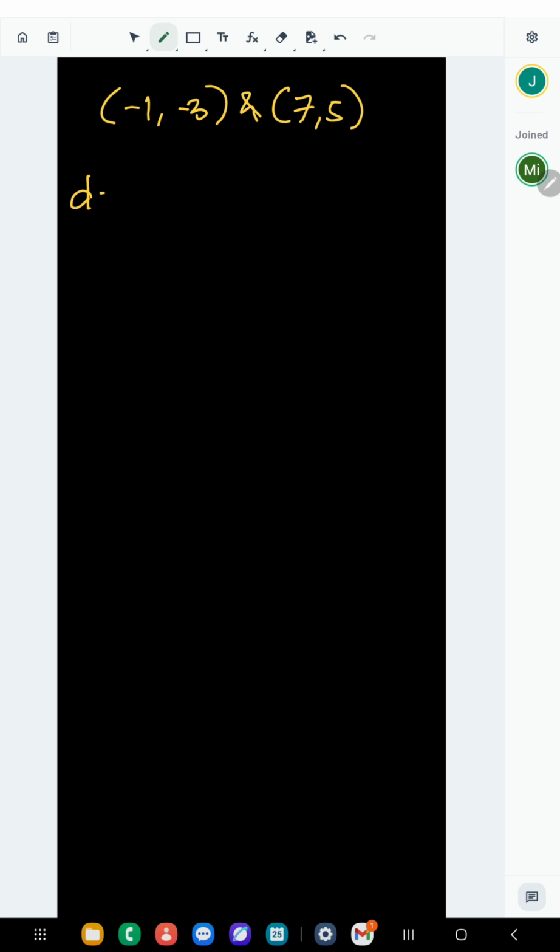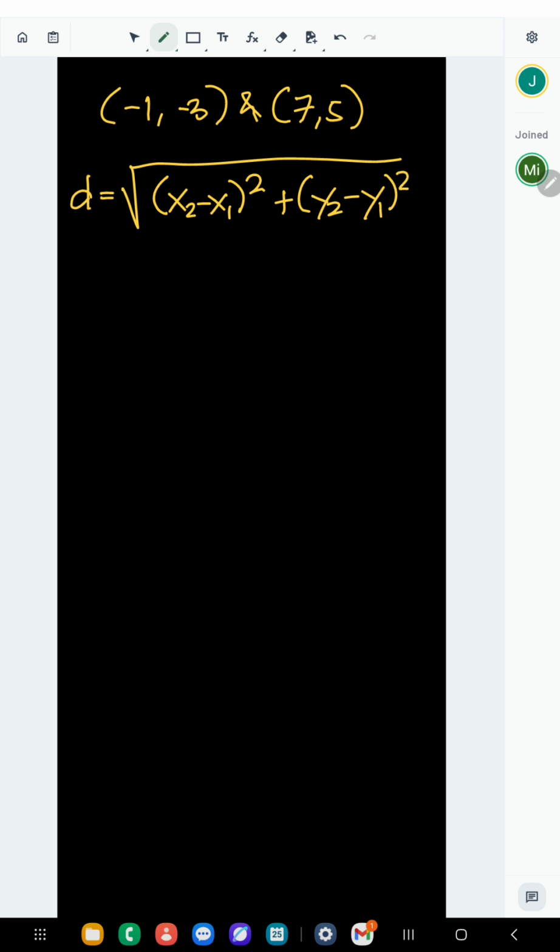Yeah, okay, try. D, distance is equal to the square root of x sub 2 minus x sub 1 squared plus y sub 2 minus y sub 1 squared. So you just choose which one is your x sub 1. Let's say this is x sub 1, y sub 1, x sub 2, y sub 2.